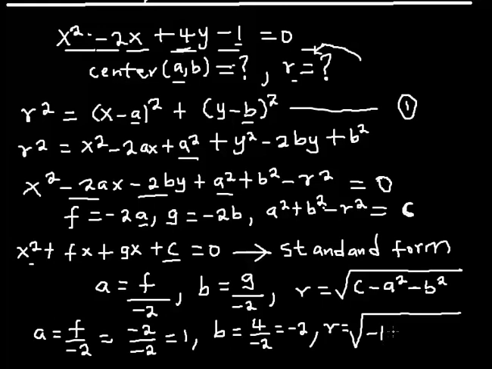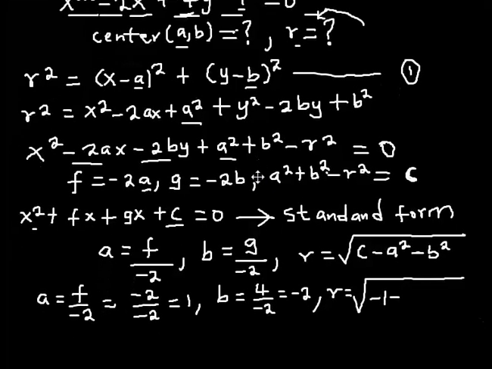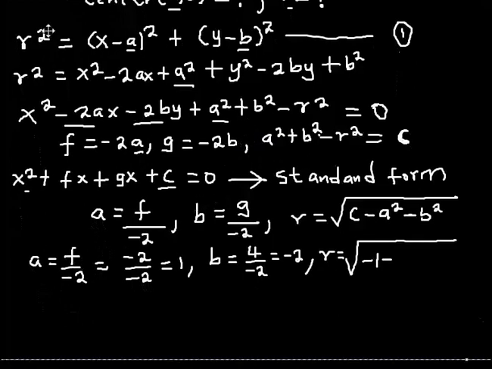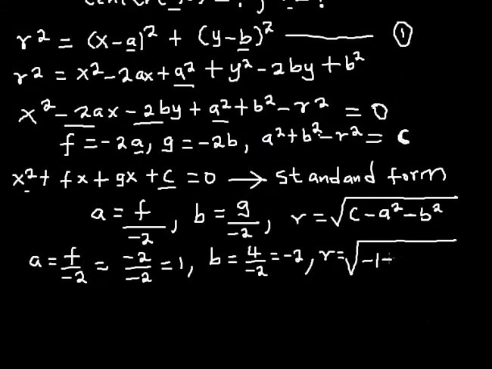Then of course minus a squared. So what's my a? My a is actually 1. So here we go. Don't forget, it is minus a squared, right?